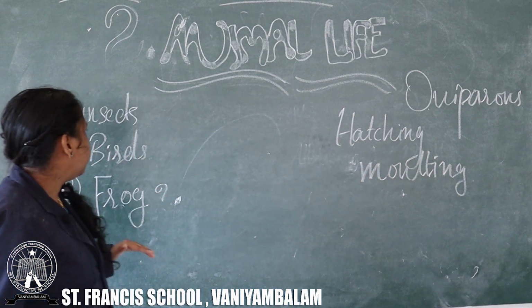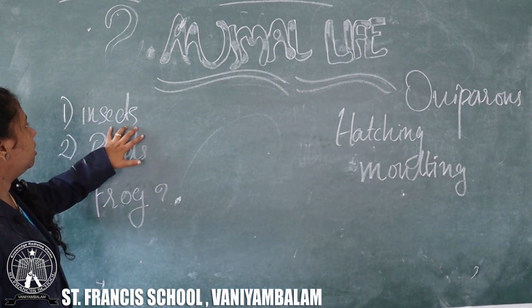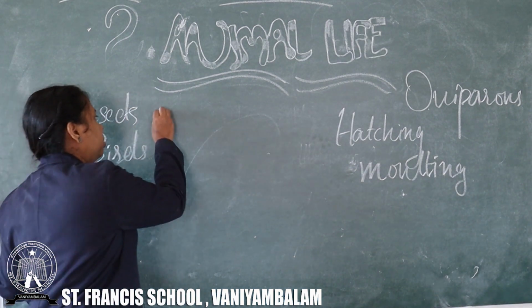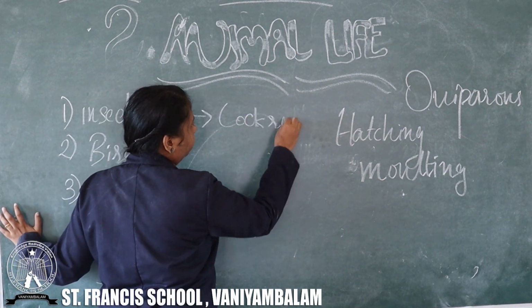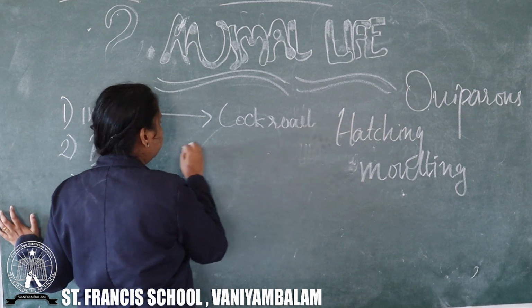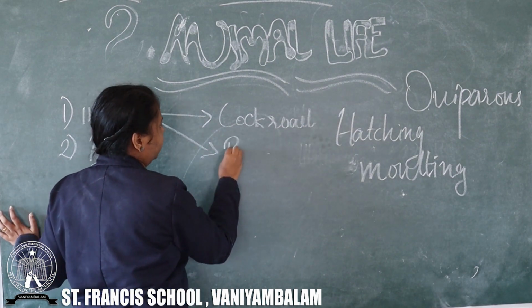And next, we studied the reproduction in insects. We took two examples. First one is cockroach and next one is butterfly.